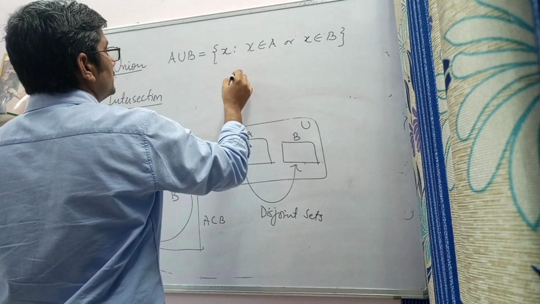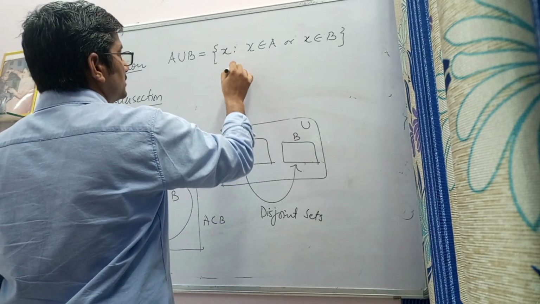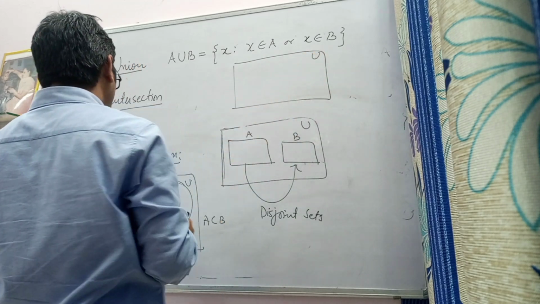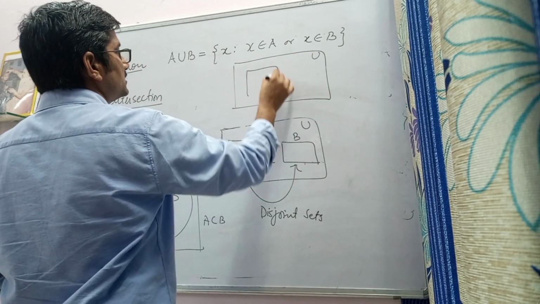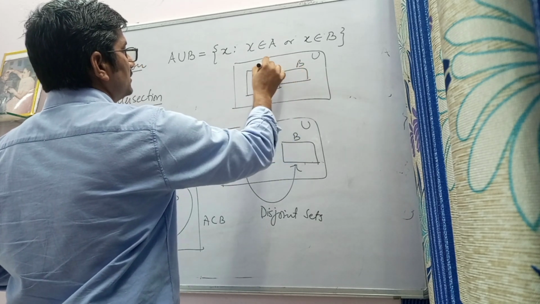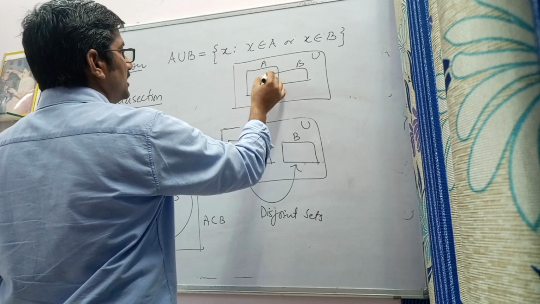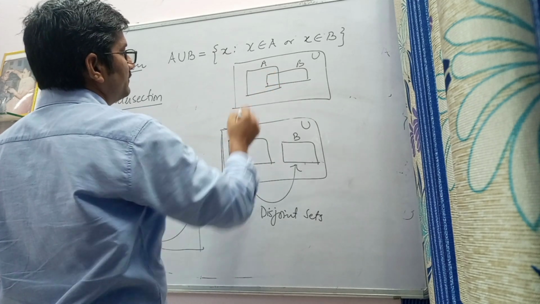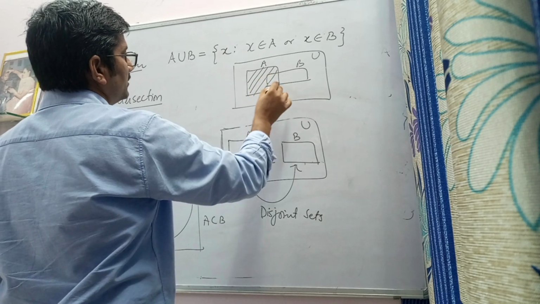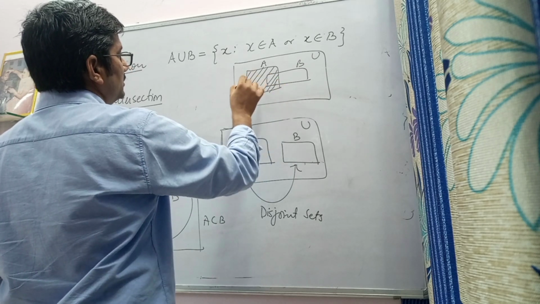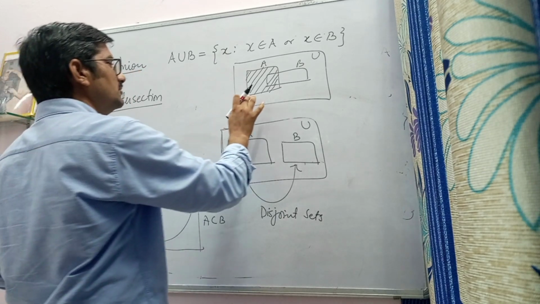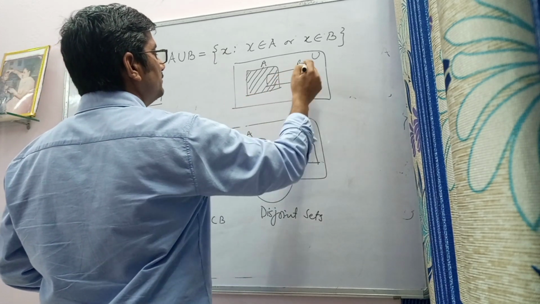So for example, suppose this is the universal set. If you want to represent it with the help of a Venn diagram, suppose this set is A and this set is B. To represent all the elements of A, draw any pattern covering all the portion of A, and extend the same pattern into B also.